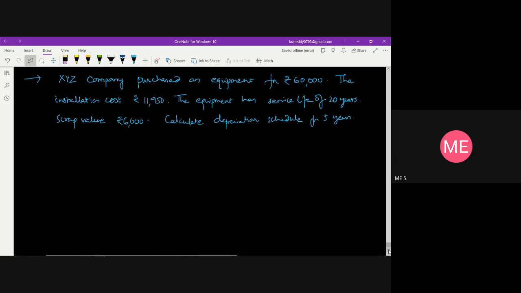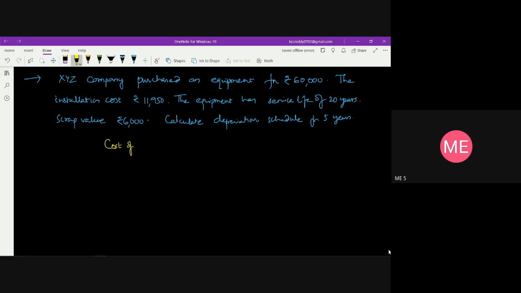Now, what is given? First we need to find out the cost of equipment, as well as the installation cost. The total cost is the first cost, so we have to consider the equipment cost and the installation cost together.